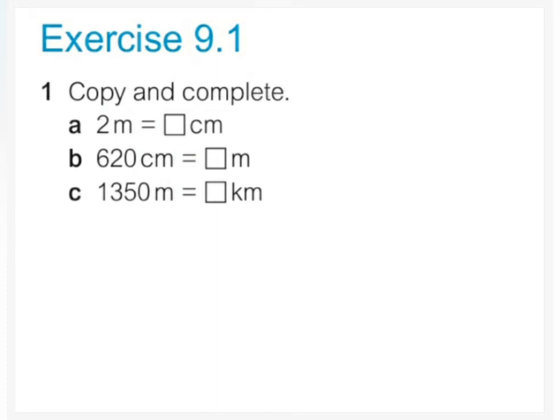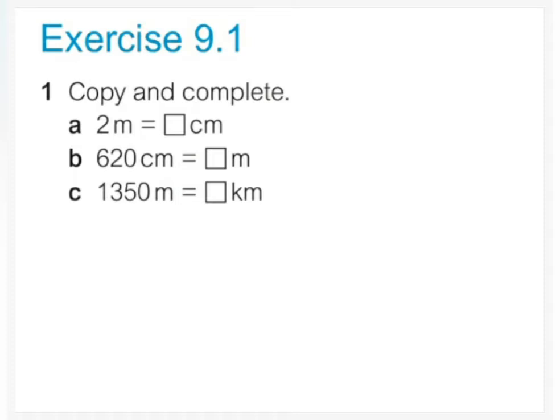Question 1. Copy and complete. In this question, we have 2 meters equal how many centimeters? Meters are bigger than centimeters, and because they are bigger, we're going to multiply. Multiply by how much?